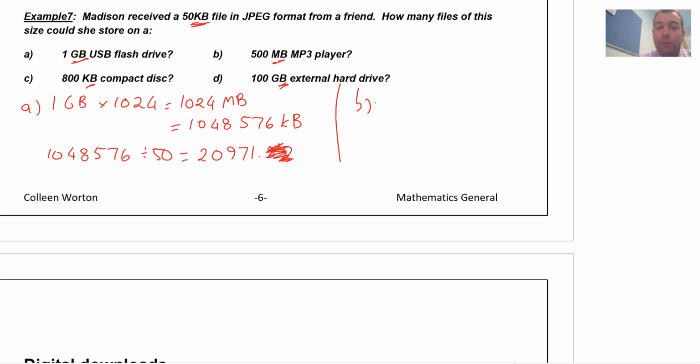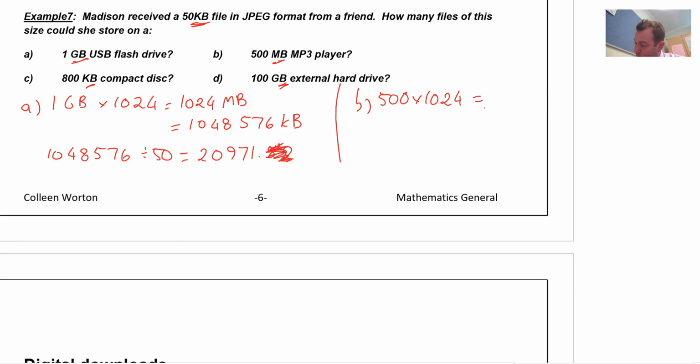A 500 megabyte MP3 player. Now 500 megabytes is not half of this, it's less than half of this. 1024, 512 would be half. It's less than that. So I'm guessing my answer is going to be about 10,000. So 500 times 1024 equals, let me just check my notes.